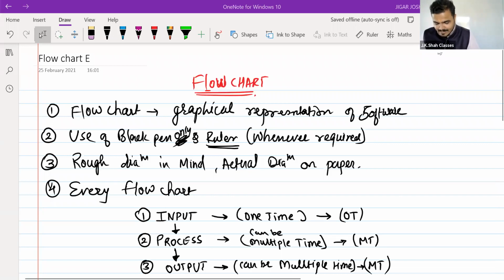Done already, started the first four points. Everyone, please write it down very fast.